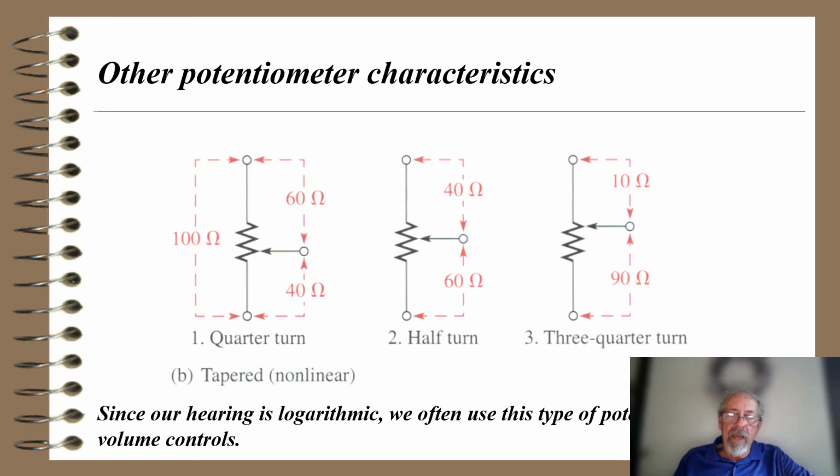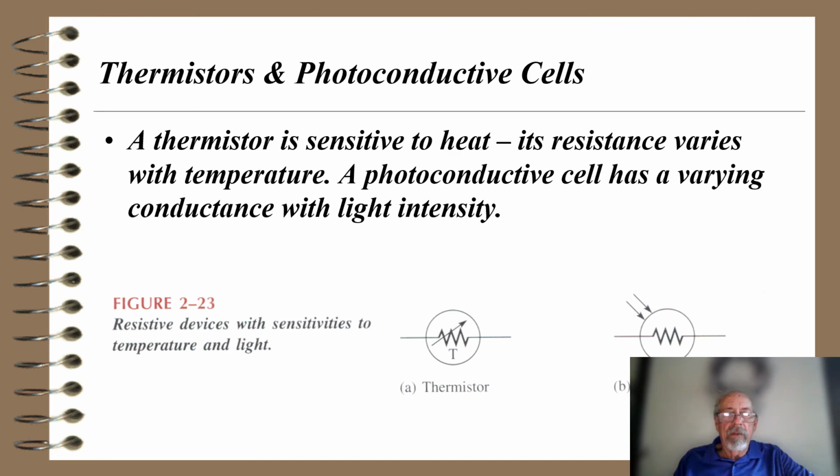Half turn does not give me a half. These are logarithmic. Since our hearing is logarithmic, we often use this type of potentiometer for volume controls. And again, unless you have a piece of old equipment, you won't have knobs on it anymore. You'll have a remote that will raise or lower the volume.